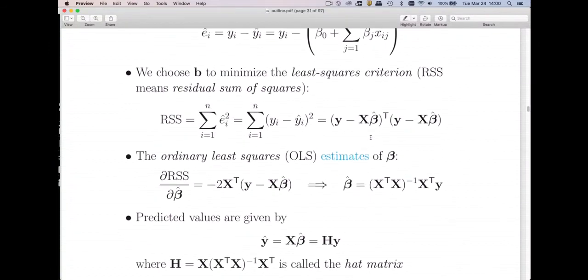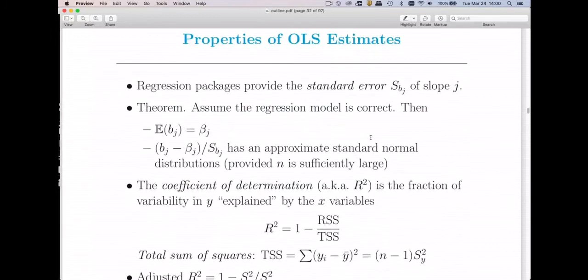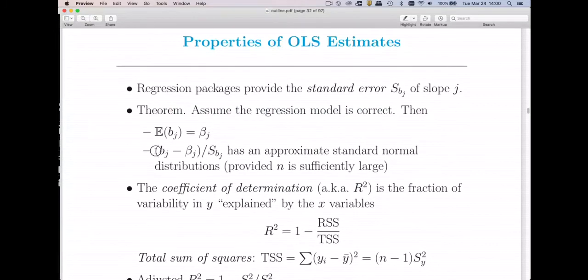So among all unbiased estimators, I can't find an estimator that has smaller variance than the OLS ones. That's a more difficult thing to prove, so I'm not going to do it in this video, but it's kind of the last essential fact to know about OLS estimates.